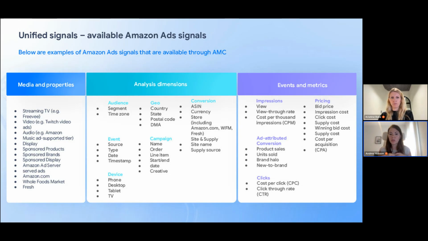So it's really an overview of how these signals are more than just raw data. They can provide you the ability to answer real business questions, and you can understand which media channels will drive in-store sales, how consumers behave across different devices, and how much growth is truly incremental from your campaigns.